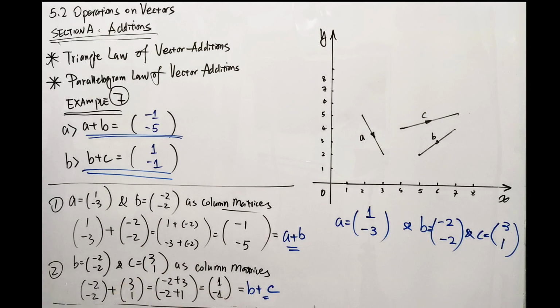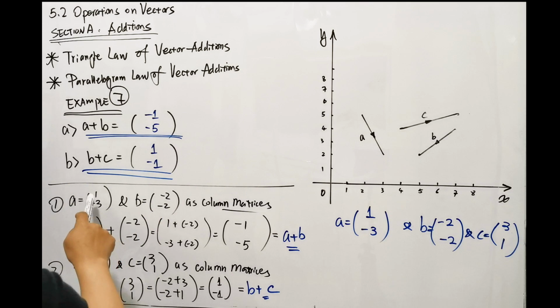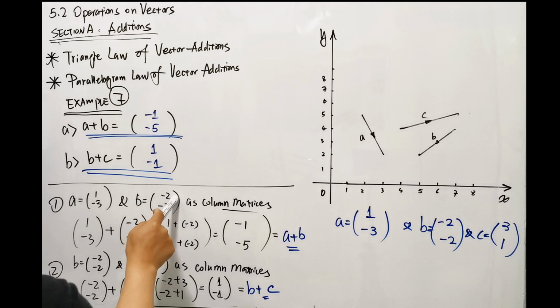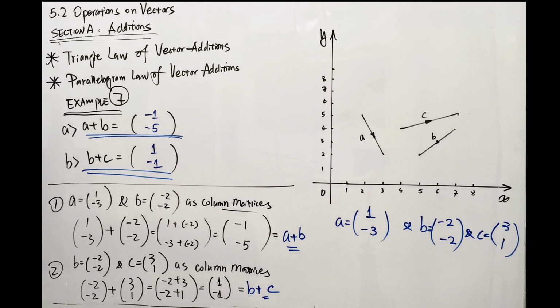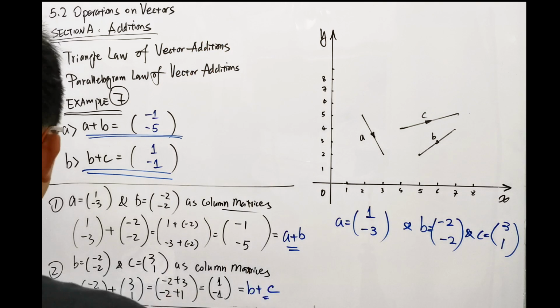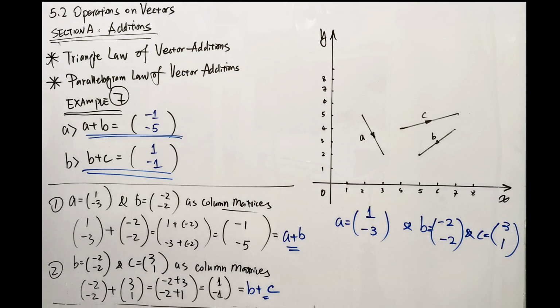Now from here we know a very important concept. In addition of column vectors, we just add the x component to the other vector's x component, and the y component plus the other vector's y component.